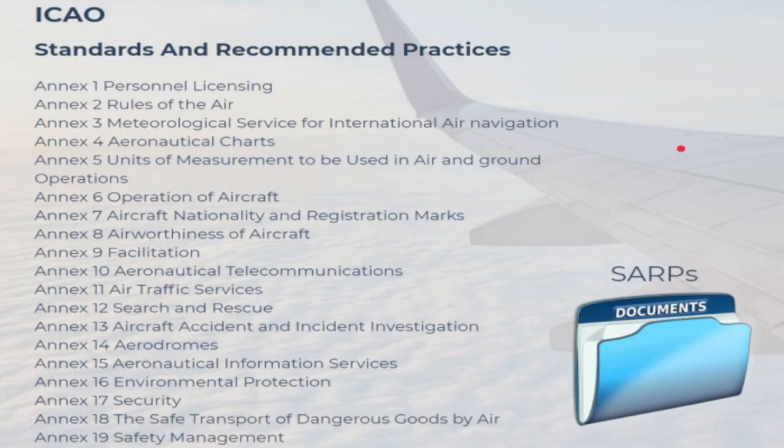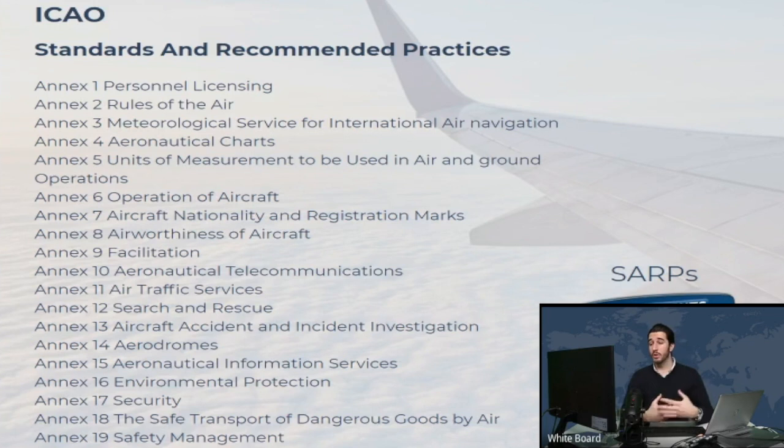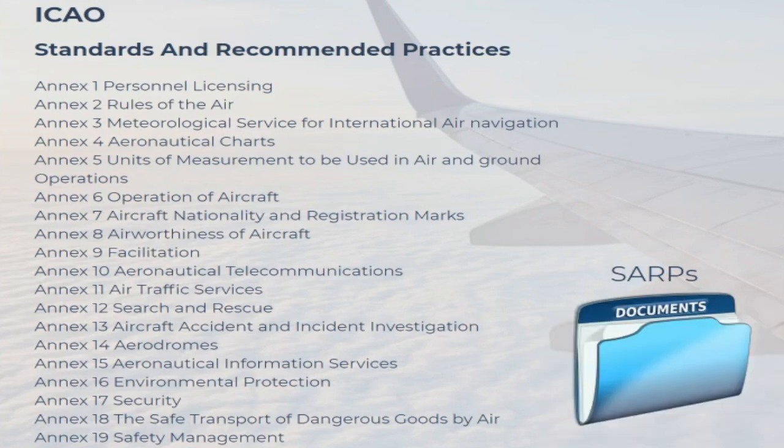Now, what's important here? For your examination, annexes in particular will not be asked, but you may find a question, for example, like what is annex number one about? Exactly, licensing. So at this point, you can find a way to remember what they are about.